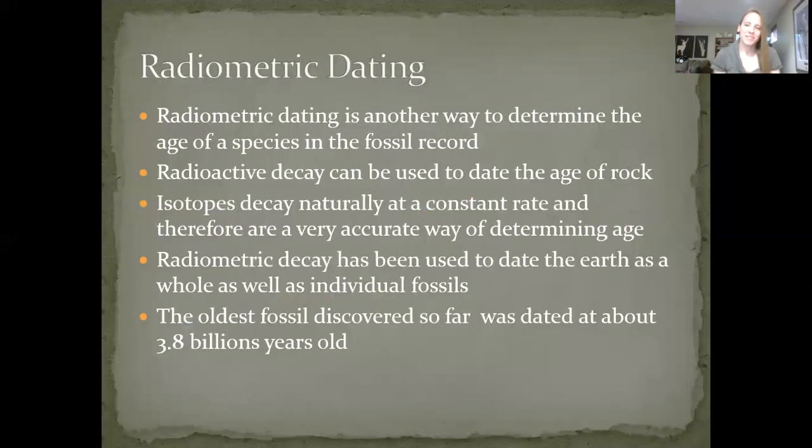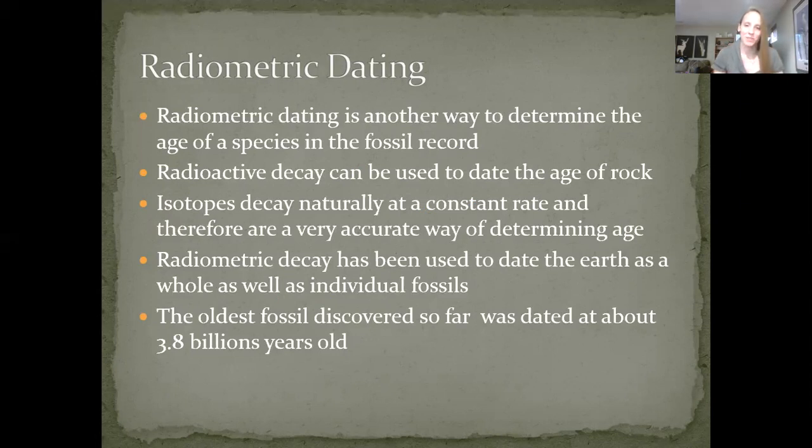Okay, radiometric dating is an even more accurate way, a much more accurate way of determining the age of a species in the fossil record. Essentially, we're using radioactive decay to date the age of the rock that species is found in. Isotopes decay naturally at a constant rate, so we can determine the age of the rock or the age of the fossil based on how much the isotopes have decayed in that sample.